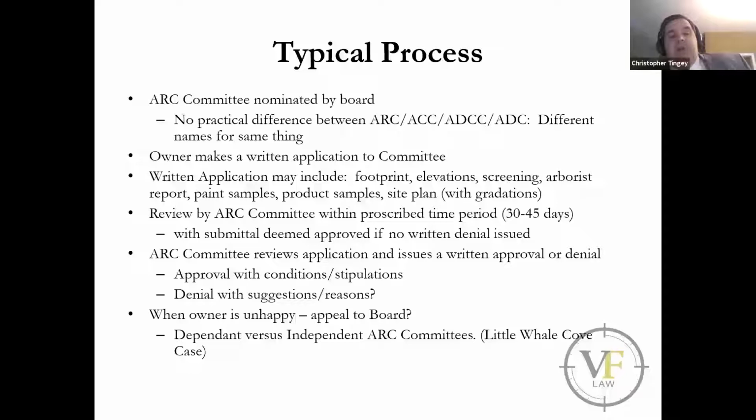It's your governing documents that are going to drive the architectural review process and how decisions are made, and what has to come before the ARC, how that all plays out. That's not found in the statute. That's going to be found in your governing documents.